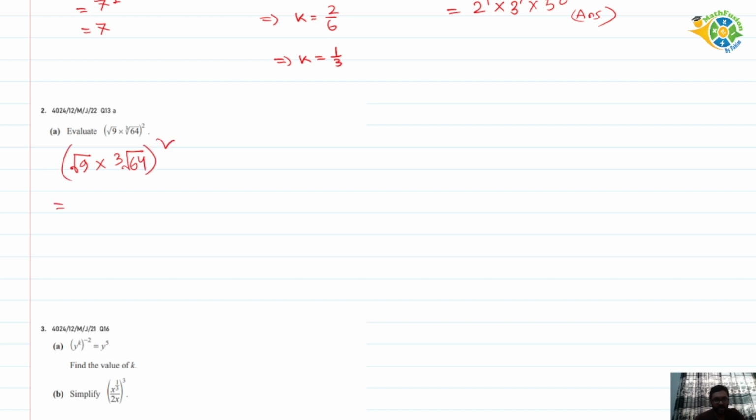So root 9 becomes 3, cube root 64 becomes 4, whole squared. So 3 squared multiplied by 4 squared. So 9 times 16. So it becomes 144.